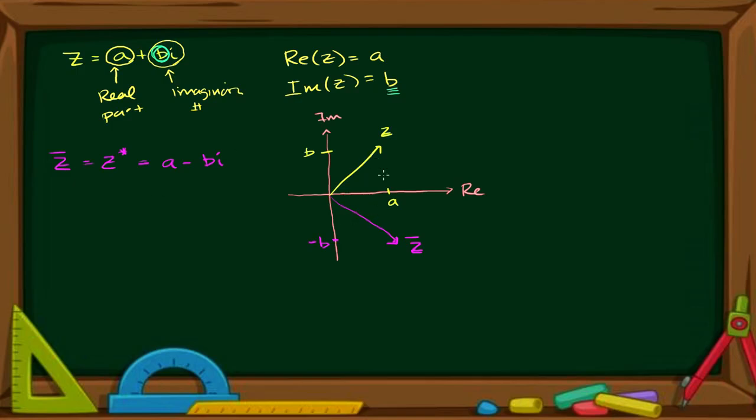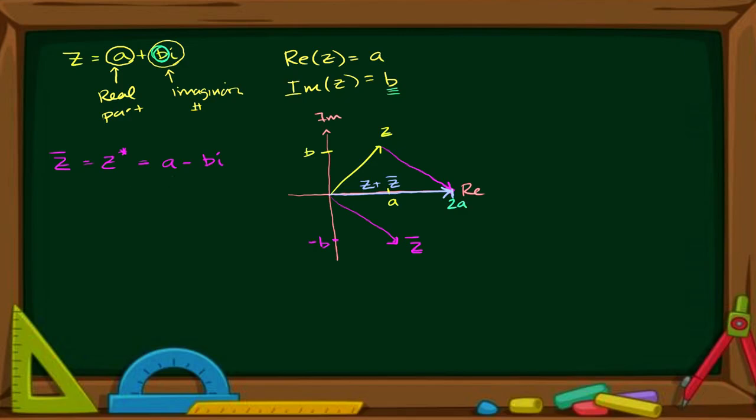So if we were to add z and its conjugate, we can essentially just take this vector, shift it up here, and go heads to tails. So right here, we are adding z to its conjugate. The vector that specifies this point is z plus z's conjugate. And you can see, just visually, this is going to be 2a.